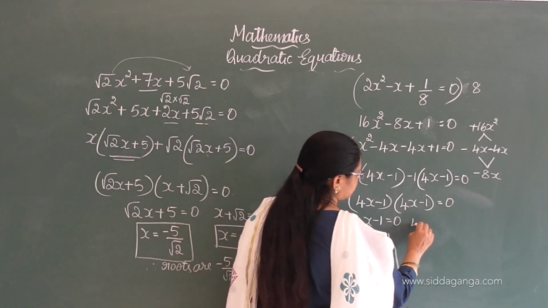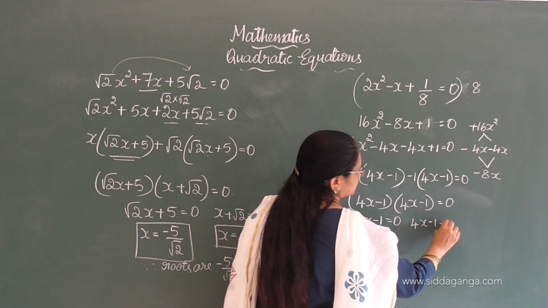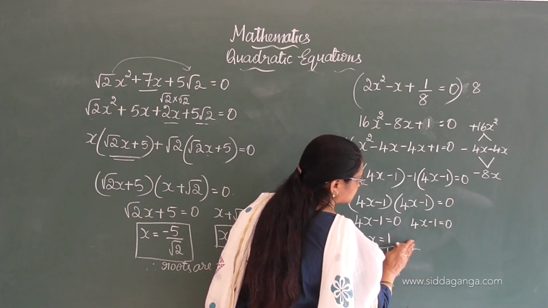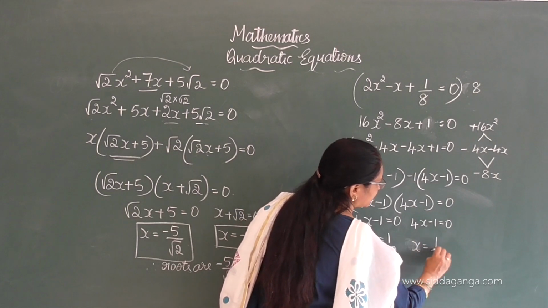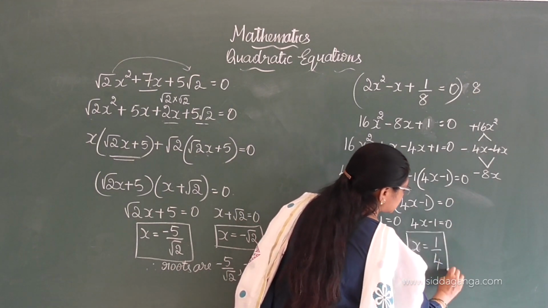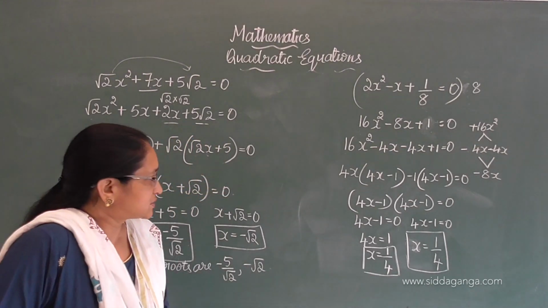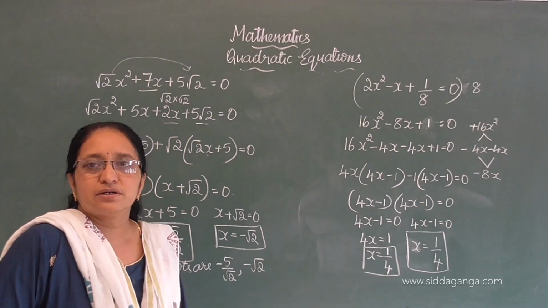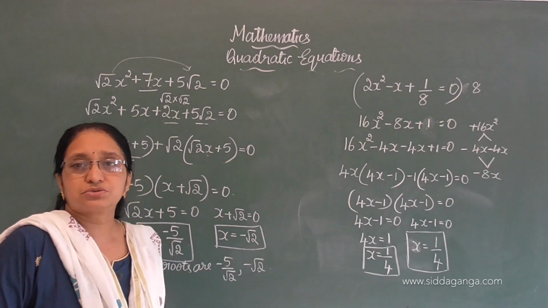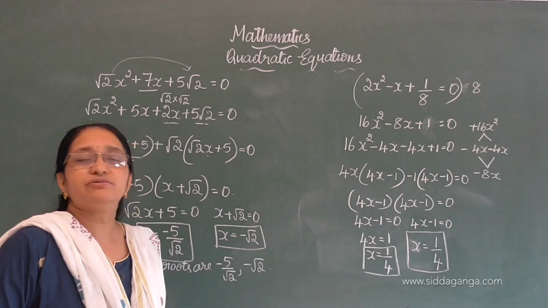And here also same. So 4x, so x is equal to 1 by 4. See here, just observe carefully, x is equal to 1 by 4 and x is equal to 1 by 4. See, we got equal roots, 1 by 4 and 1 by 4.